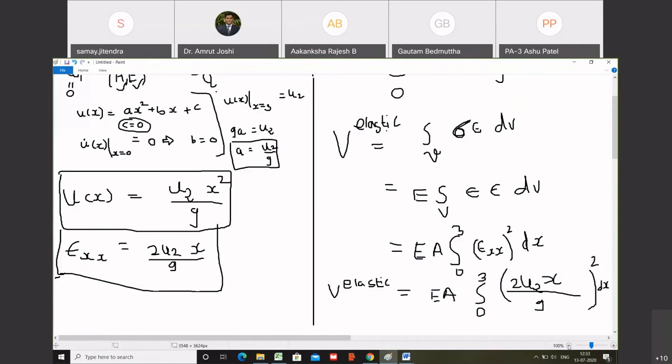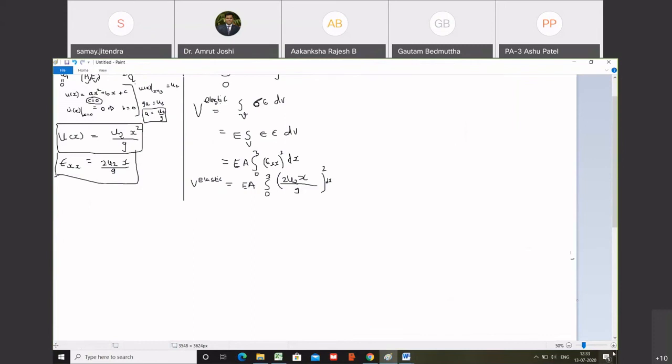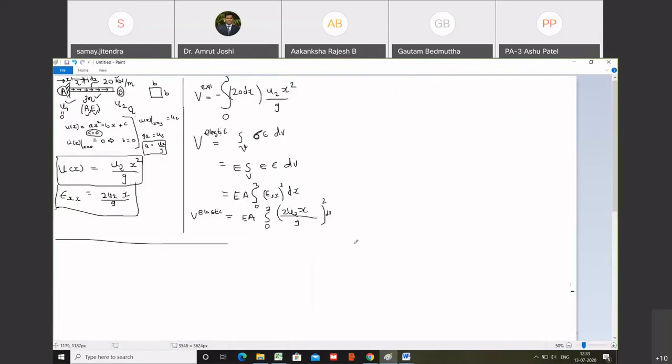Now just have a look here. So V elastic, I can write as EA, and 4 by 81 u2 square can be taken out.